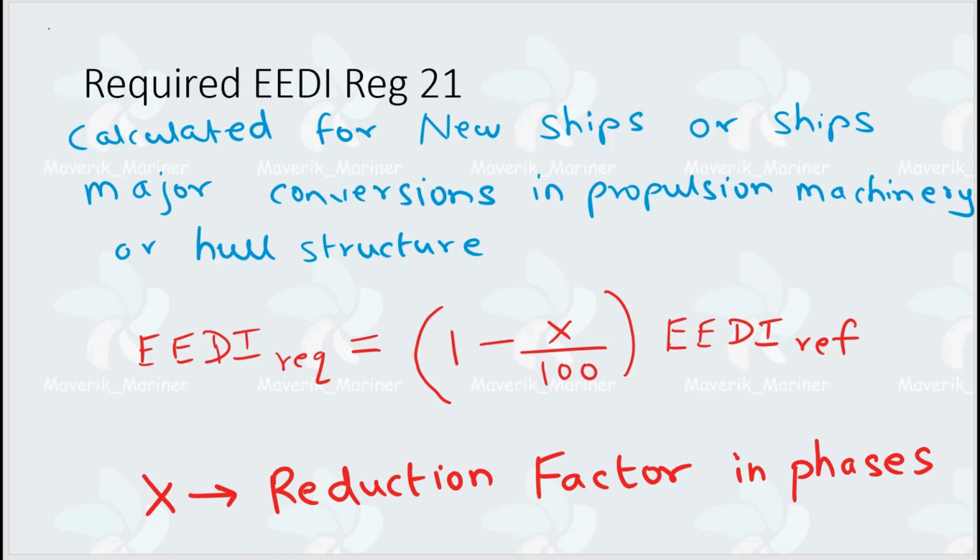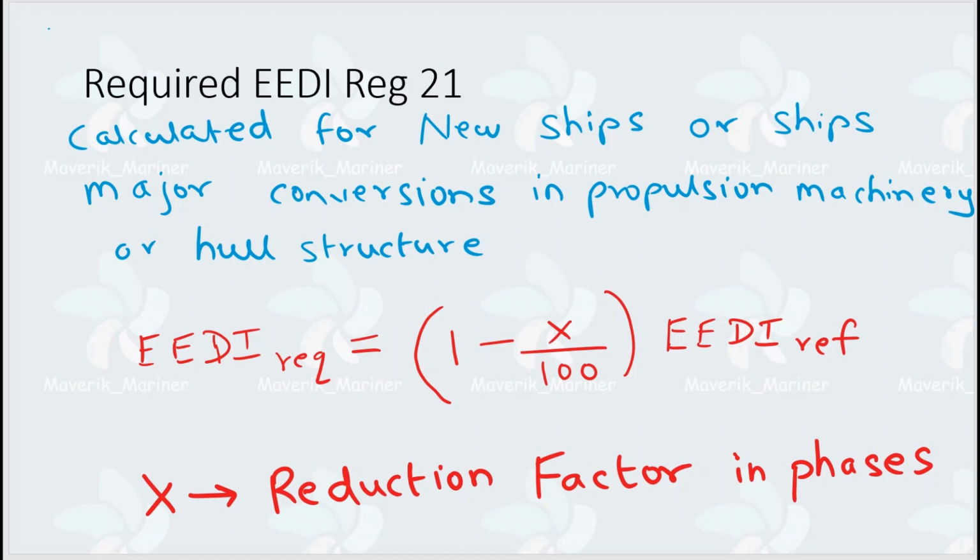Now, let us see the EEDI required calculation. That is EEDI required calculations which are given in Regulation 21, Chapter 4, Annex 6. EEDI required is calculated for new ships or ships which have undergone major conversion in propulsion machinery or hull structure.